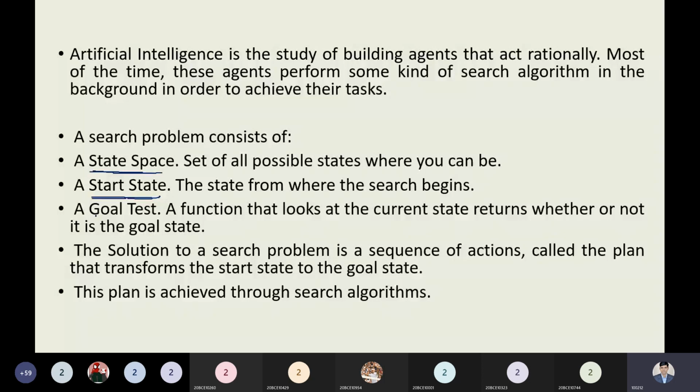Now the goal state, that is your goal test, a function that looks at the current state and returns whether we have achieved the goal. And a solution to the search problem is a sequence of actions, followed by the rules and regulations, and these actions are known as the plan that transforms the start state into the goal state. So this is the point we have to keep in mind. By the help of the plan, actions and some rules, we can make our plan successful.